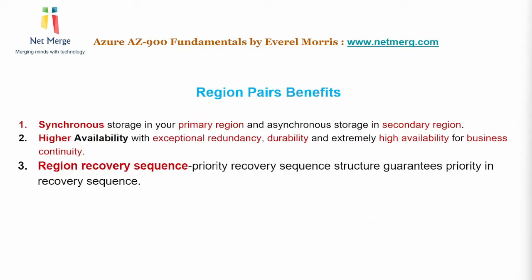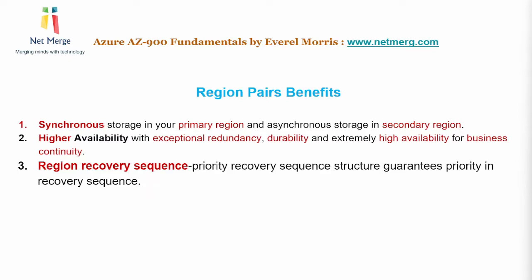Next, you're getting recovery sequence. The priority recovery sequence structure guarantees priority in a recovery sequence. Now, if that's confusing, let me try to explain it. If you are pairing two regions together, let's say, for example, region A and region B, and Microsoft should have a wide-scale natural disaster that wipes out a geography or an entire area, they're going to try to bring back one pair from each sequence online at a time.